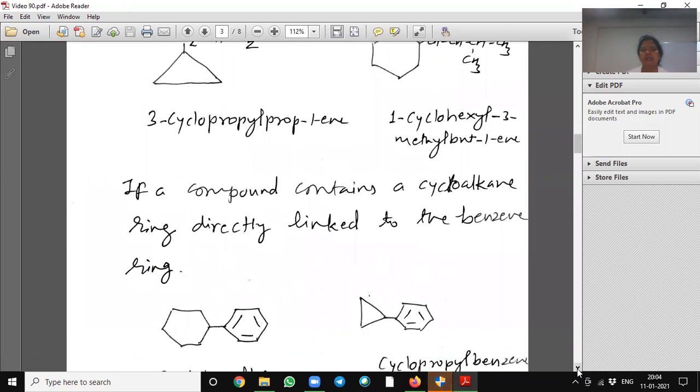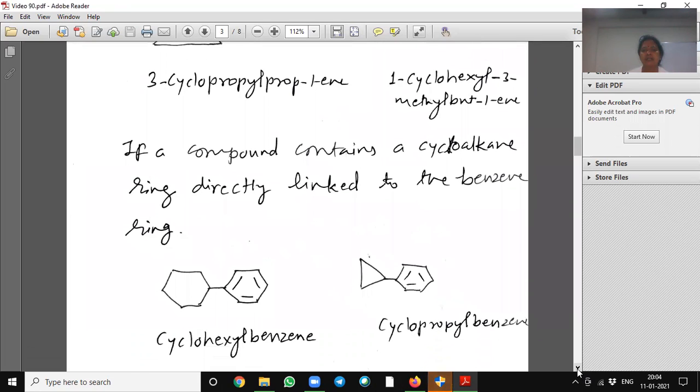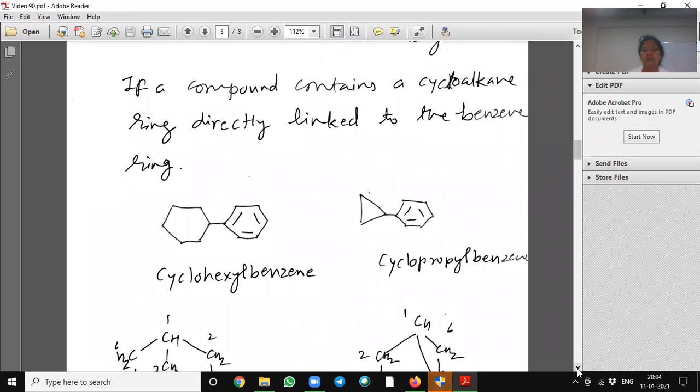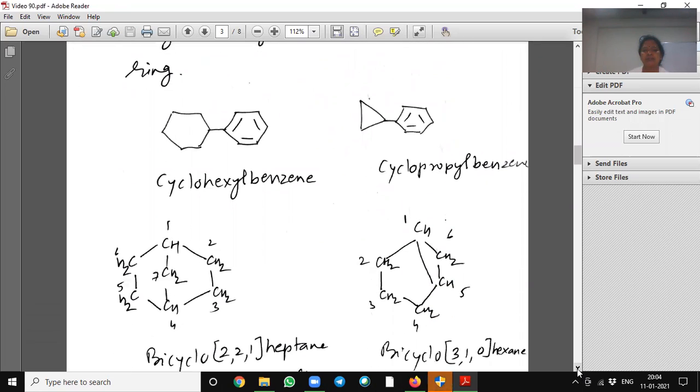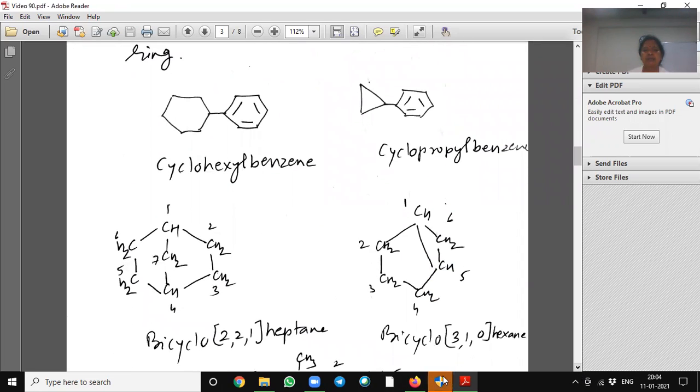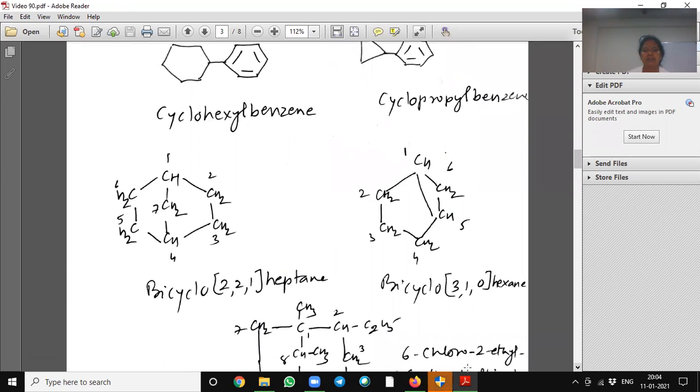If a compound contains a cycloalkane ring directly linked to the benzene ring, it is cyclohexyl benzene, cyclopropyl benzene. If it is a bicyclic ring, then we have to give numbering: bicyclo, then the total number of carbons, heptane, right? Here 2 carbons and here 2, and 1 is in the middle.